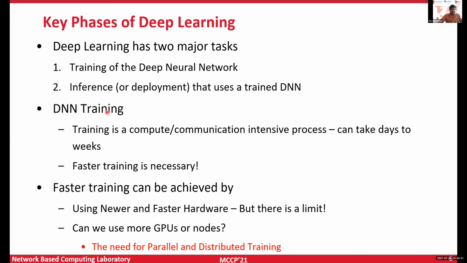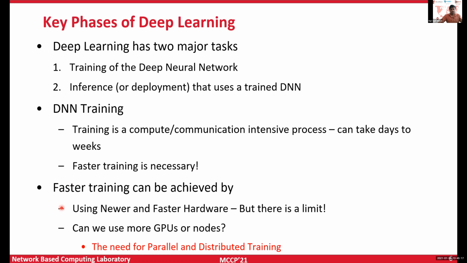This is the inference step, where we deploy the trained model to figure out a cat is a cat or a dog is a dog. Now, DNN training is a very compute and communication intensive process and can take days to weeks. This is where you need to accelerate the entire pipeline so that we can get to the results quicker.